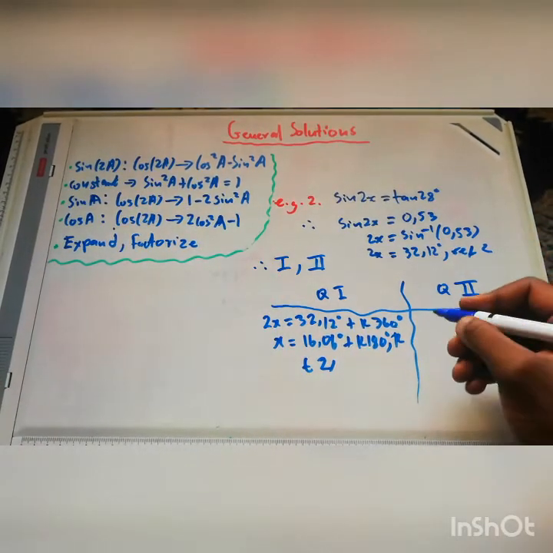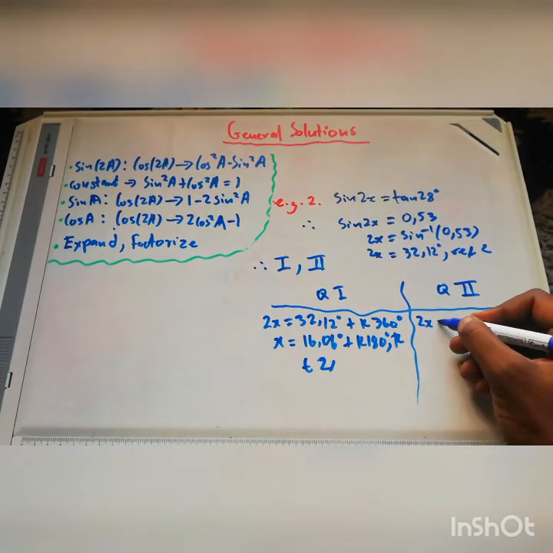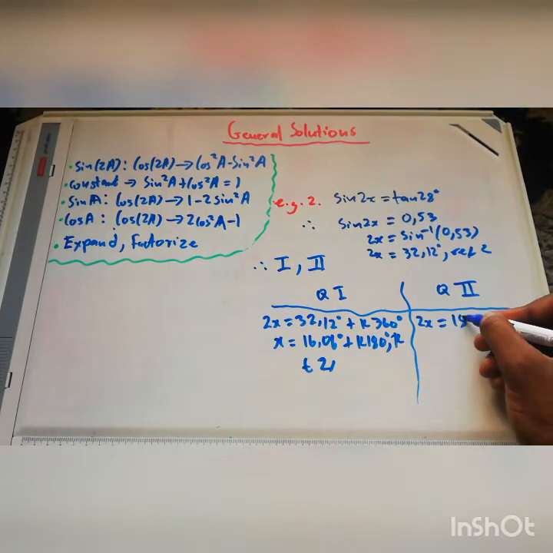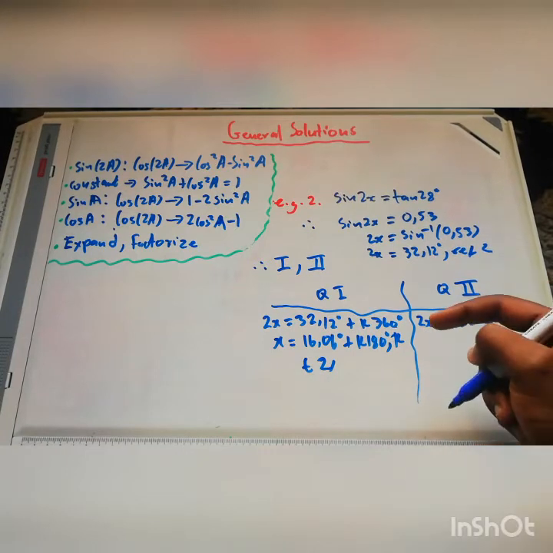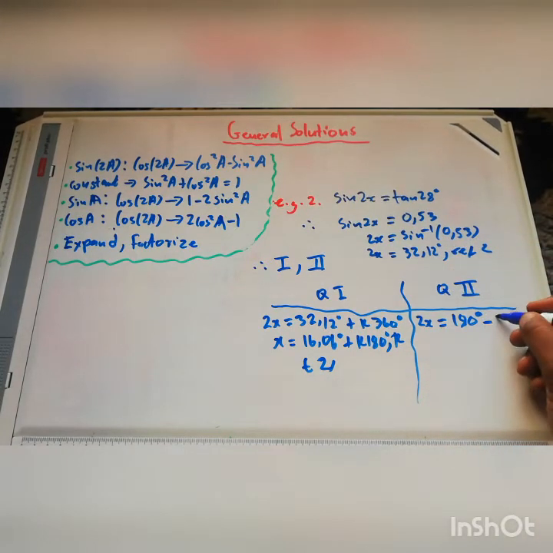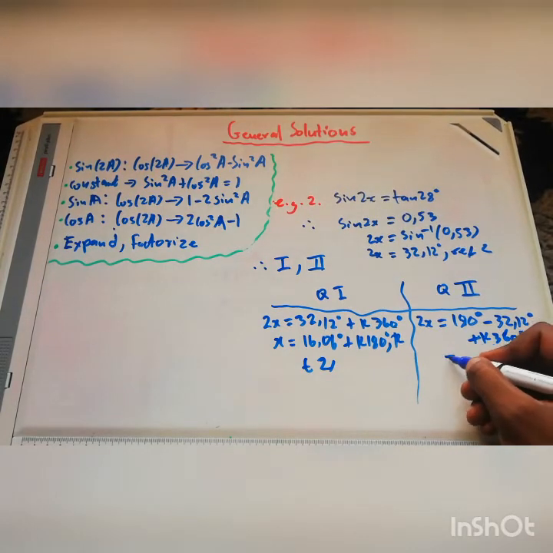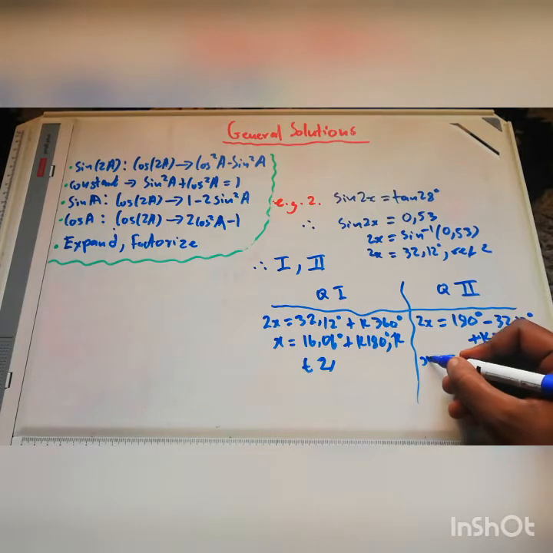And then you come to your second quadrant. Remember, in the second quadrant is 180 degrees minus the reference angle, which is 32.12 degrees, plus k 360 degrees. So here your x will be what?